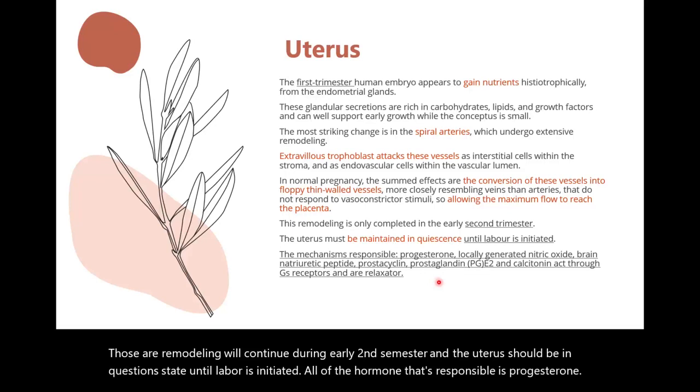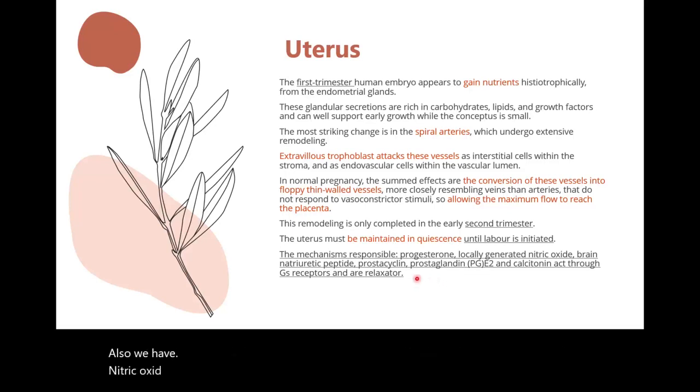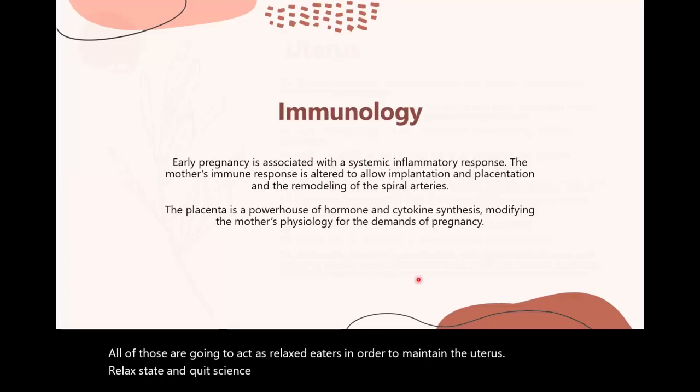Also, we have nitric oxide, brain natriuretic peptide, prostacyclin, PGE2, and calcitonin. All of those are going to act as relaxators in order to maintain the uterus in a relaxed state and quiescence until labor.